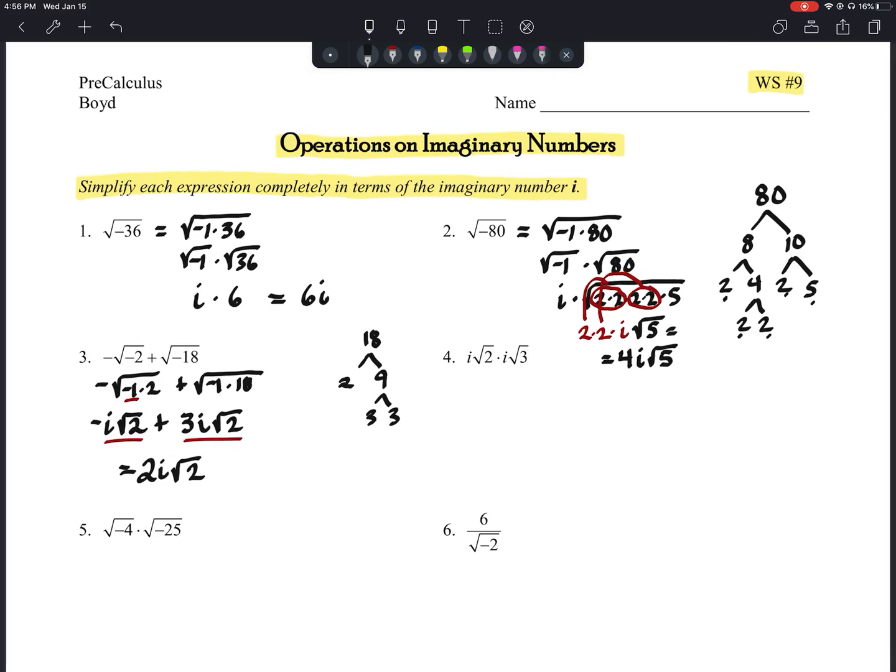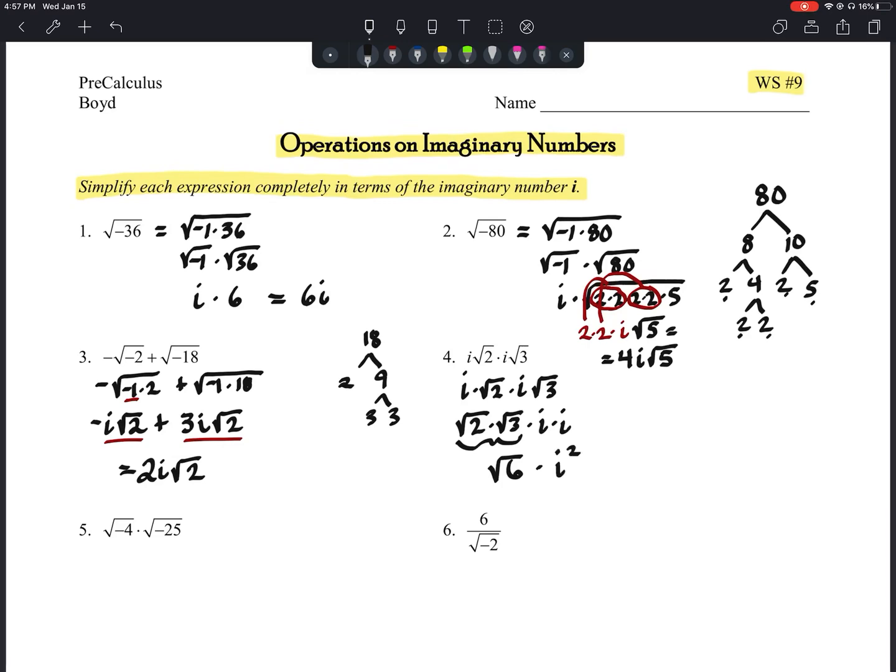Number 4, we have multiplication. So you have i times radical 2 times i times radical 3, or the square root of 3. Because multiplication is commutative, you could rearrange this and think of it as the square root of 2 times the square root of 3 times i, which will allow us to have the square root of 6 times an i squared.